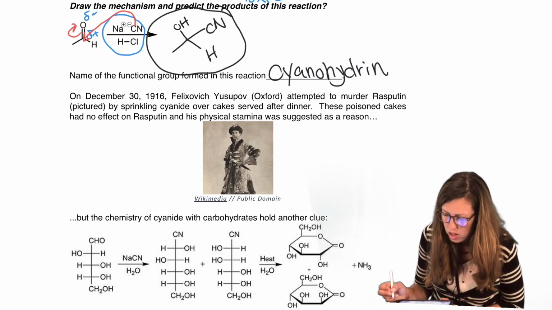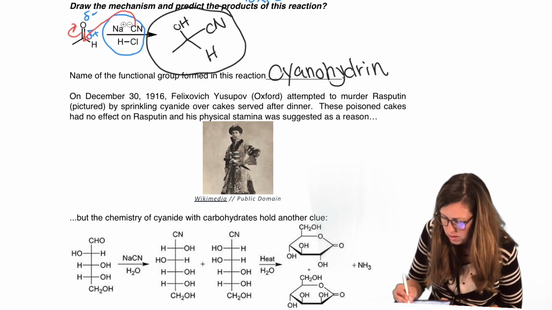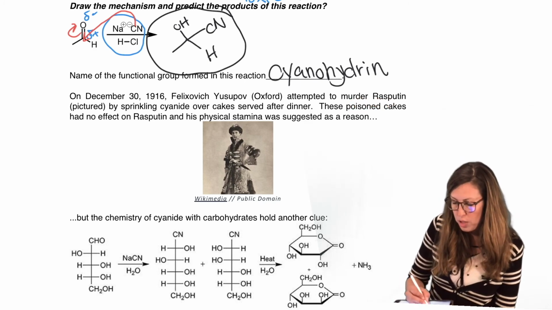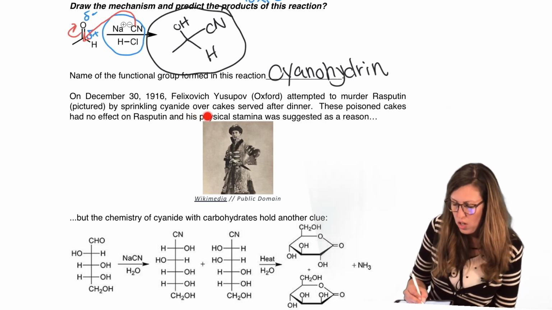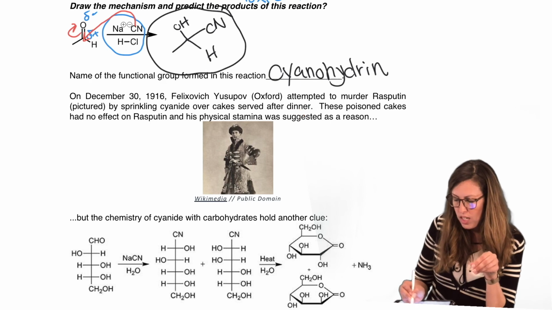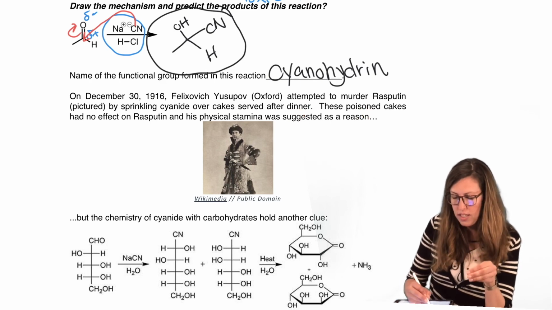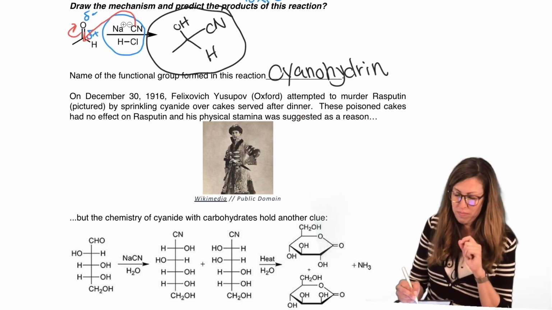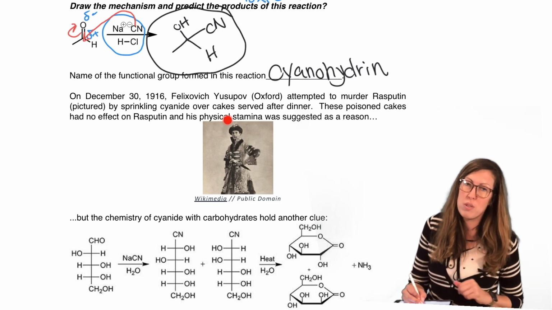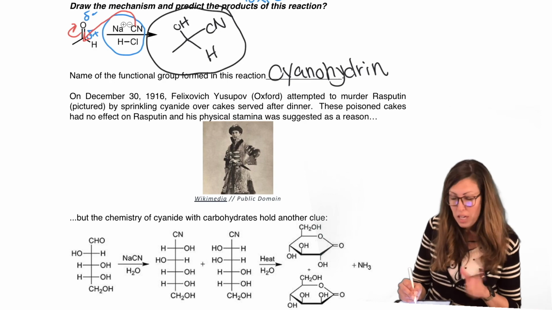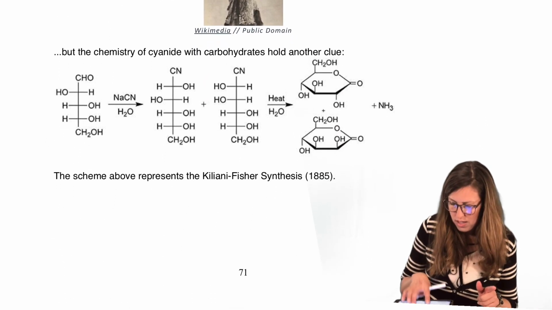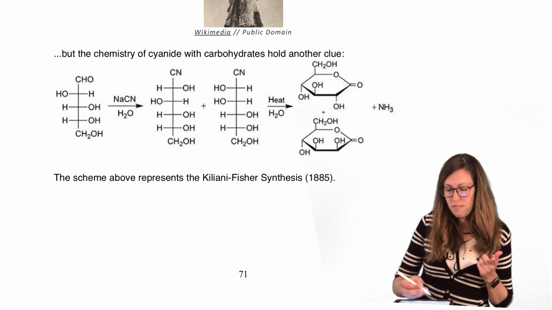So apparently one of the attempts to murder Rasputin involved sprinkling cyanide over cakes served after dinner. Then the poisoned cakes actually had no effect on Rasputin. And it was chalked up to superhero stamina levels, when the chemistry actually explains that that was not the case. What do cakes have in them?